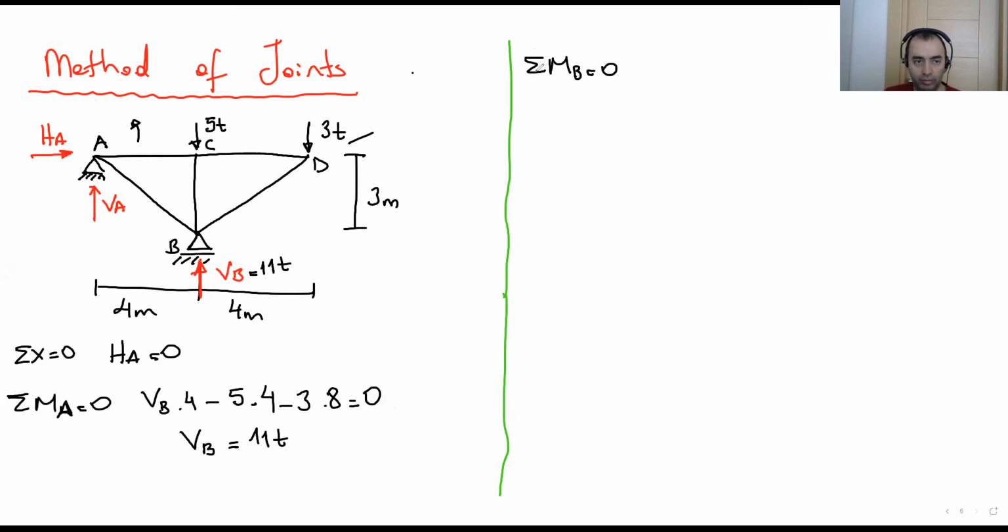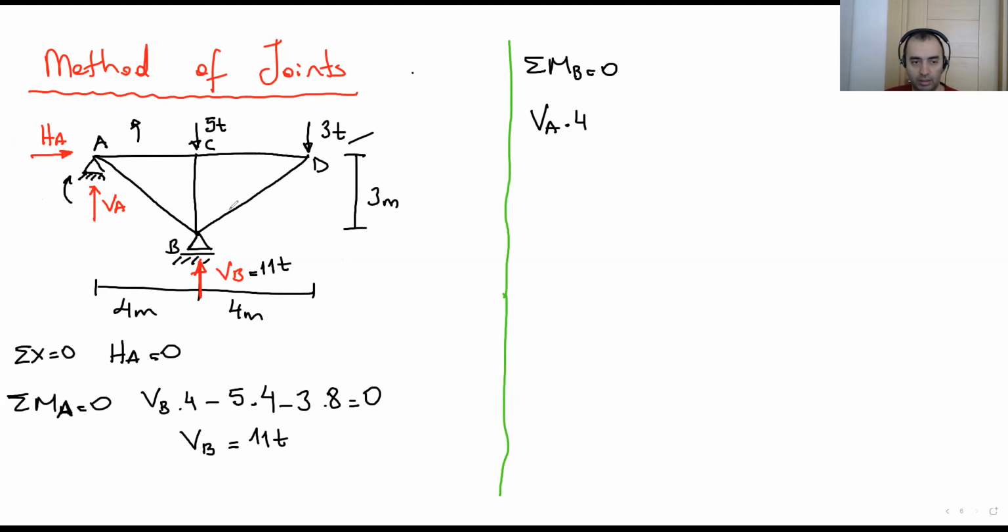So for MB, we are here, vertical A times, let's say this direction is positive, vertical A times 4, and then HA times 3, but HA is 0, that's why there is no moment coming from HA.